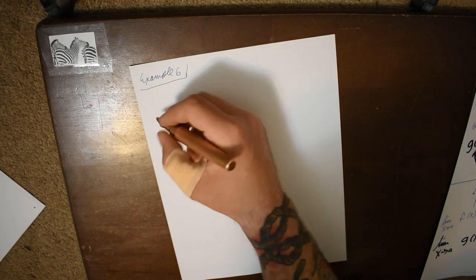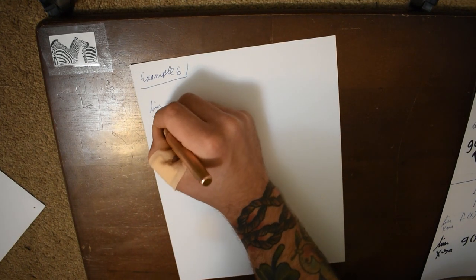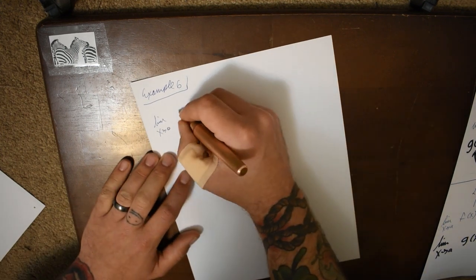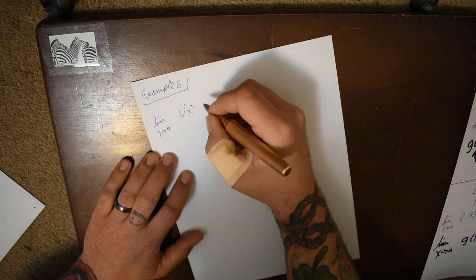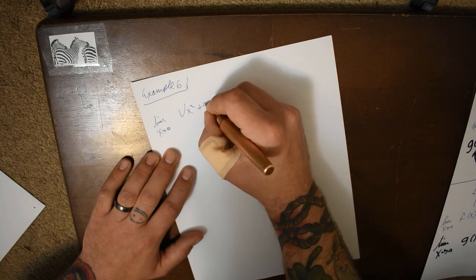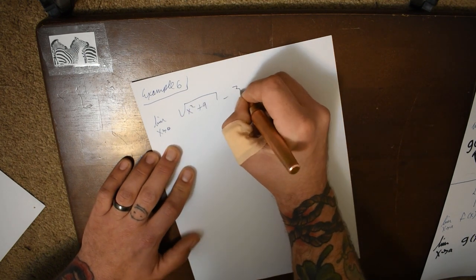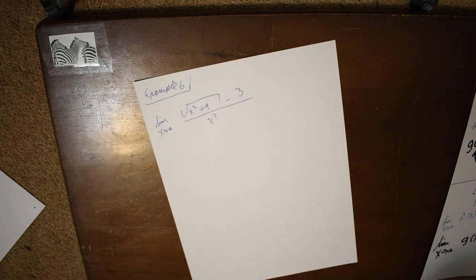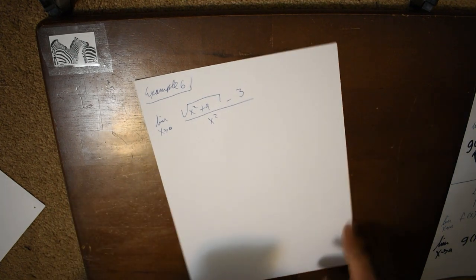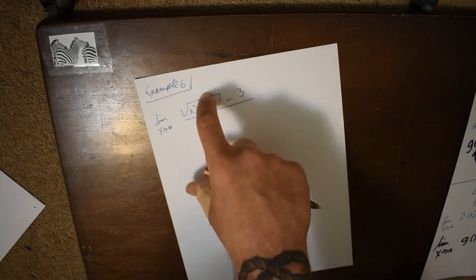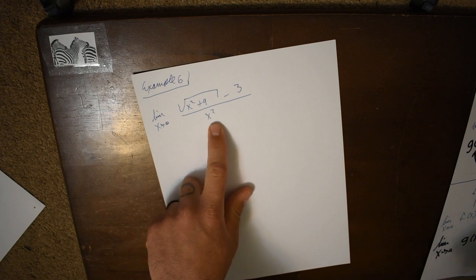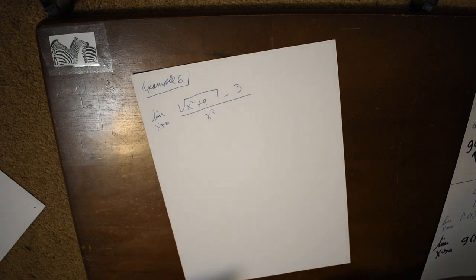Let's take the limit as x goes off to 0. I'm switching to x's. Of the square root of x squared plus 9, minus 3, all over x squared. So, right now, we can't plug x equals 0 into this function because it's not defined when x is equal to 0.